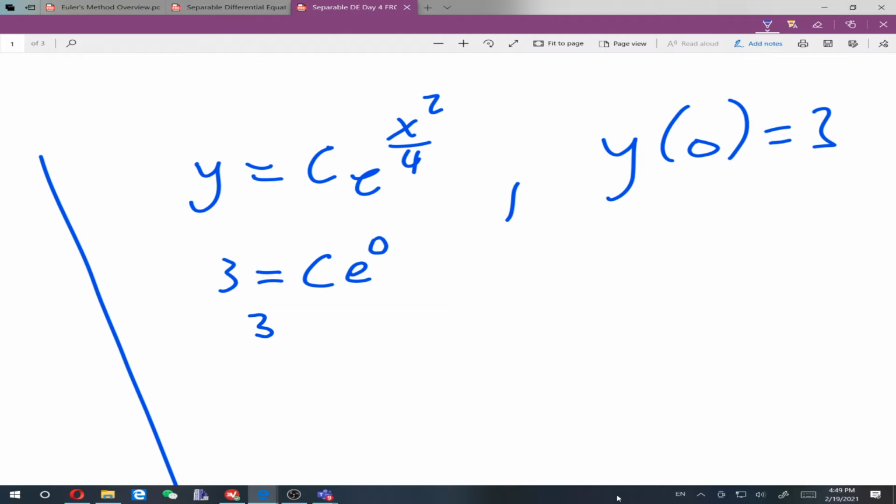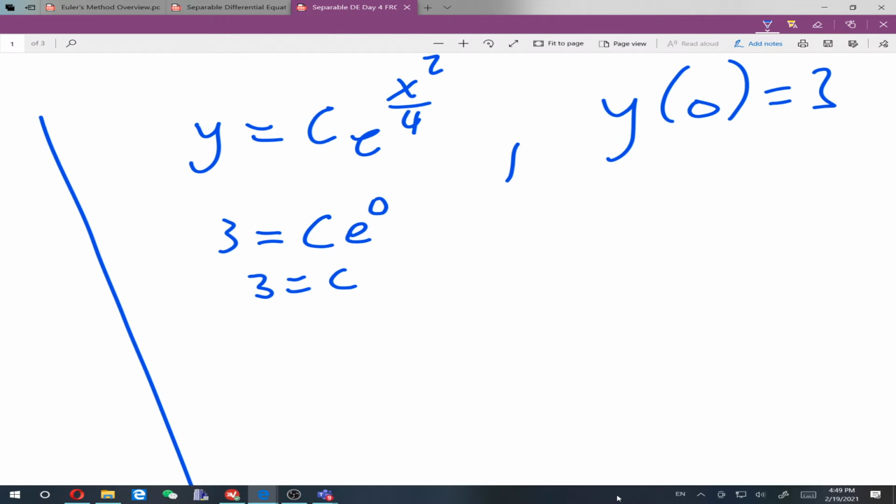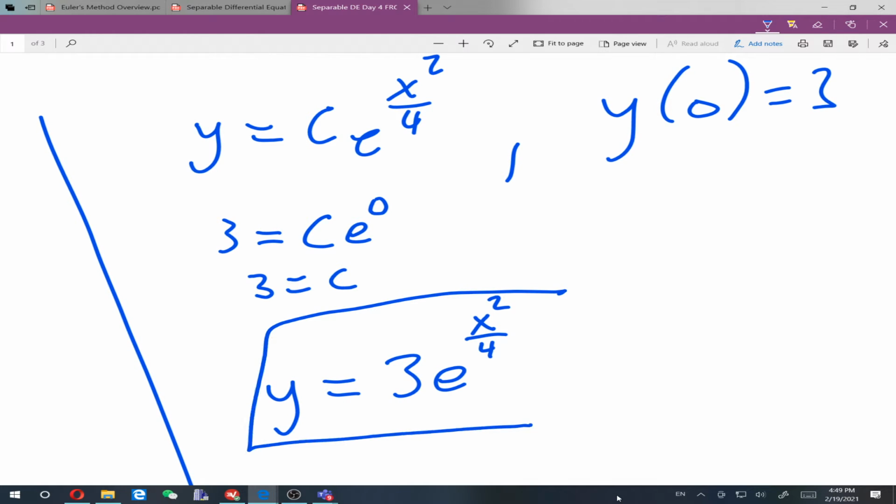Okay, so then 3 equals c times 1, or c. So then we can substitute in. If 3 equals c, then y equals 3 times e to the x squared over 4, which should give us our particular solution.